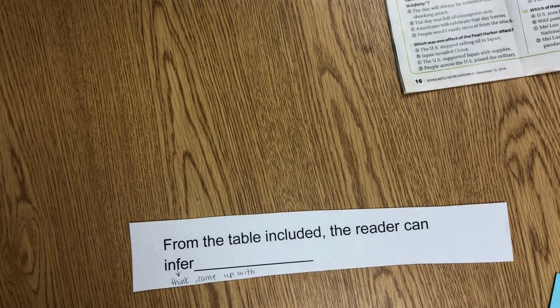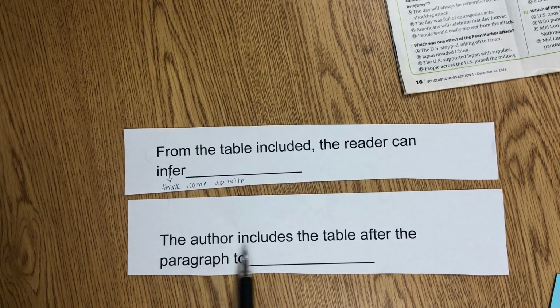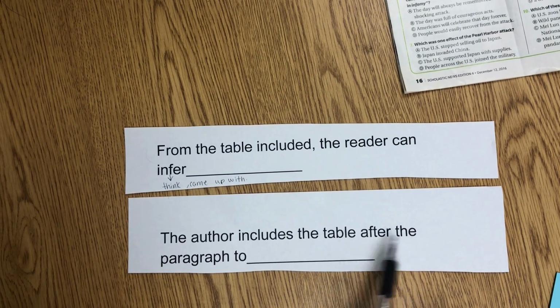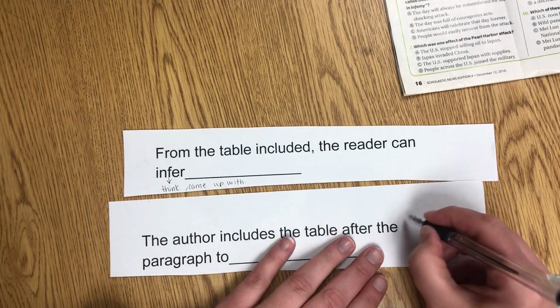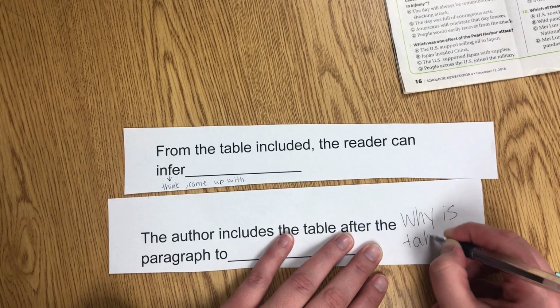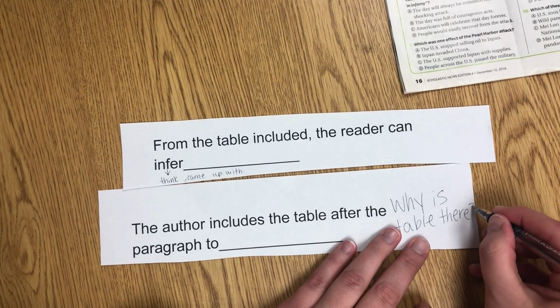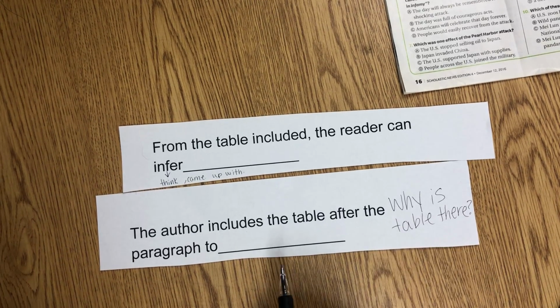Okay, another question that also includes tables is: the author includes the table after paragraph 2. All this one is asking you is, why is the table located there? Well, usually the table is going to go along with whatever that paragraph is talking about.